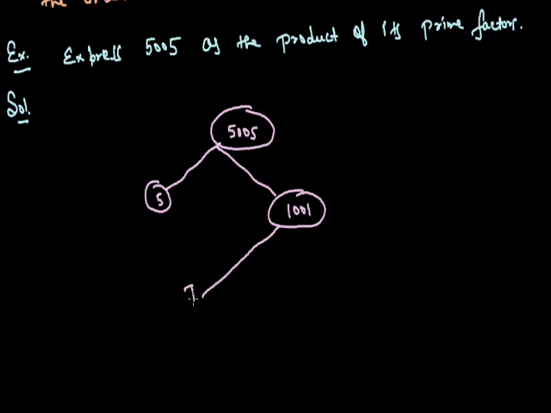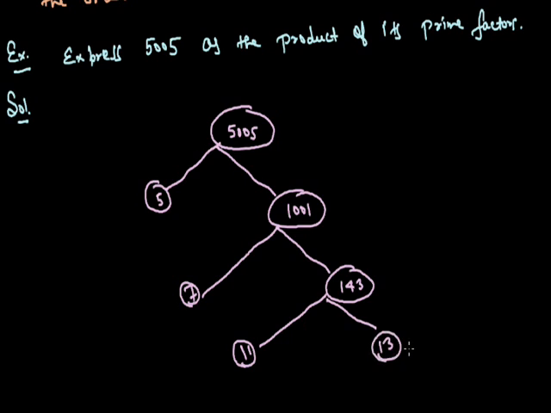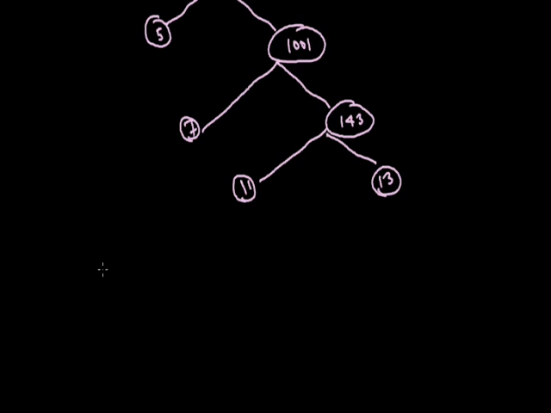Now when it is divided by 7, we got 143. Now when we divide it by 11, we got 13. So therefore 5005 can be written as 5 multiplied by 7 multiplied by 11 multiplied by 13. So these are the prime factors of 5005.